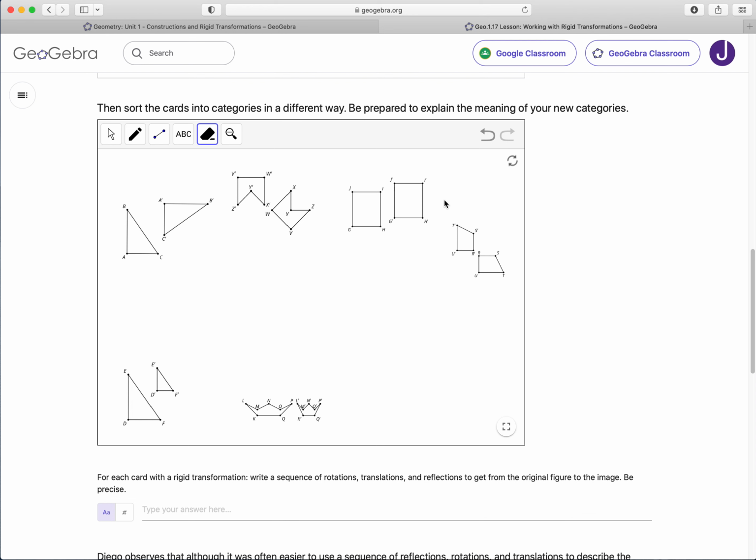Well, since this is a one step anyway, that's already done. And then here again with the reflection, you could find the perpendicular bisector of R to R prime, S to S prime, T to T prime, U to U prime, and that perpendicular bisector would be the line of reflection for that. And you could do that all in one step.